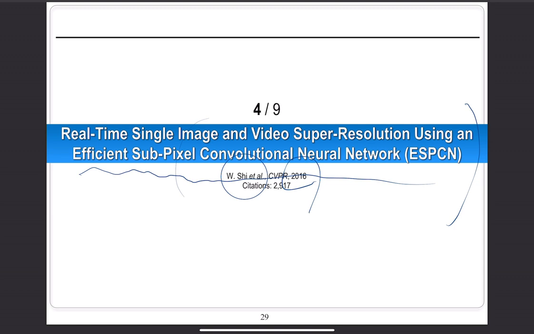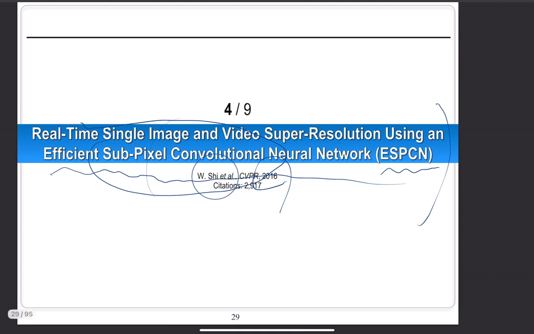Instead, it processes the original low-resolution image and uses a special sub-pixel convolution layer to directly produce the high-resolution output. This layer rearranges the feature maps into a higher resolution image, which makes the process both fast and effective. ESPCN proved to be nearly 10 times faster than SRCNN while achieving even better performance.